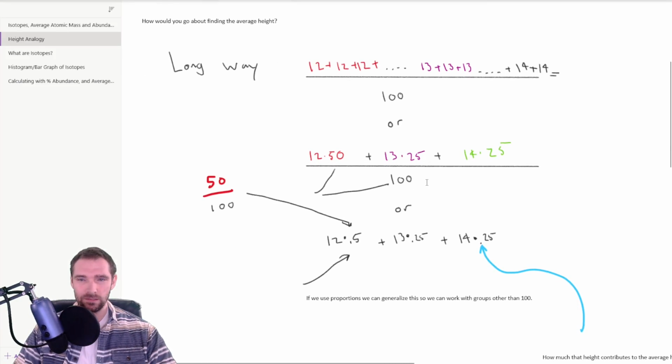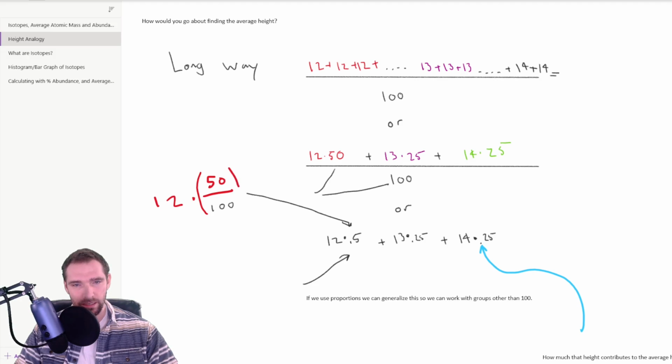Because we have 100 in the denominator, we can write this out as three different fractions. Like we could have 12 times 50 over 100 plus 13 times 25 over 100. But you can rewrite that like this: this is basically the 12 times, and then you've got this fraction right here.